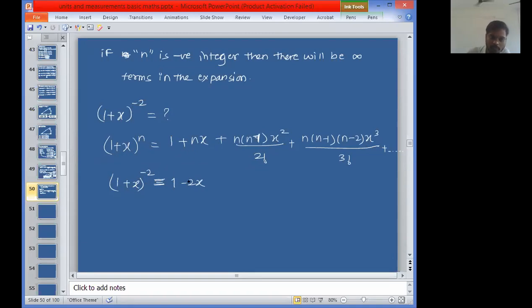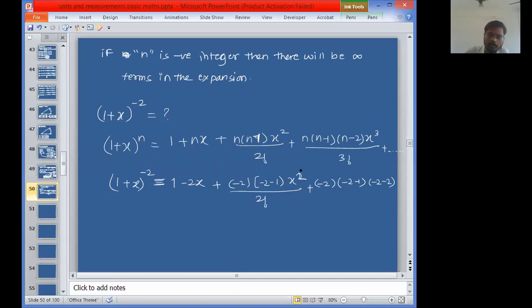So minus 2 into x plus, n is minus 2 in the bracket, minus 2 minus 1 into x square upon 2 factorial, plus, note n is minus 2.